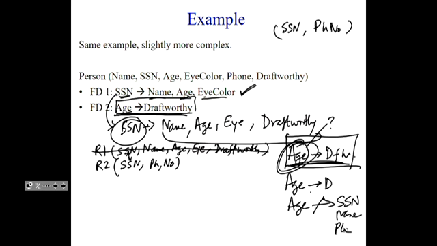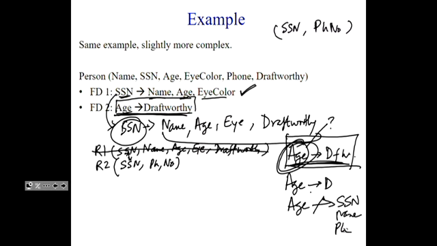It says draftworthy is going to be the same for all tuples that have the same age. Since that information is repeated multiple times, I can take it out and keep it in another relation. So any violation is an opportunity to decompose further. In this case, I have a violation via age implies draftworthy, so I'm going to decompose it further.